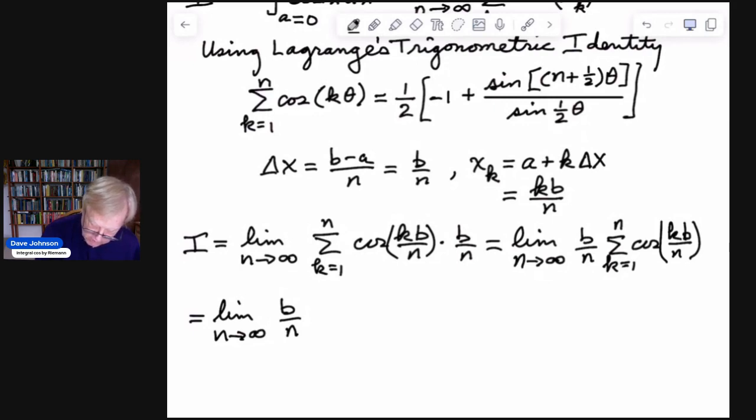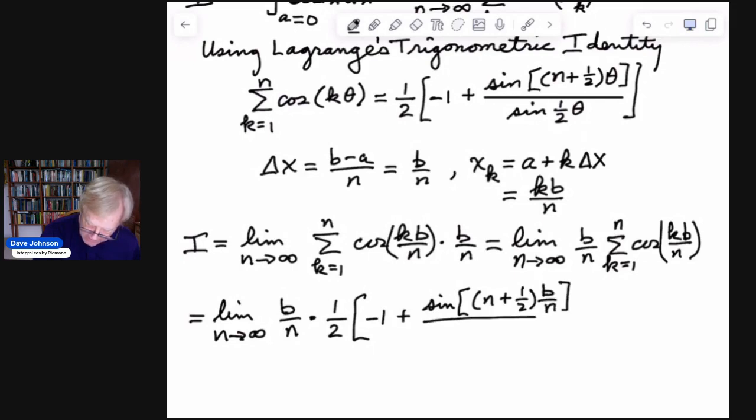Well, I'm going to use this expression in the Lagrange identity. So times 1/2 times -1 plus sine of n plus 1/2 times theta, but theta is, as I said, b over n, and then divide by sine of 1/2 times theta, but theta again is b over n.